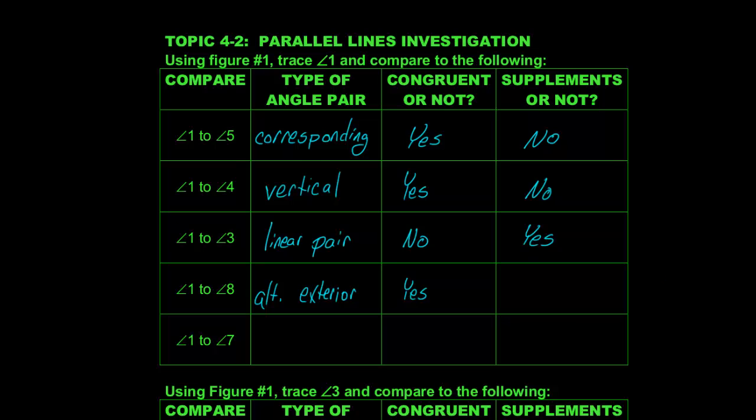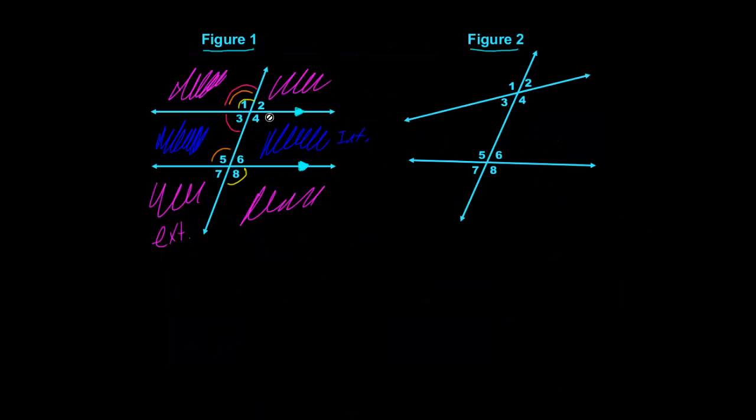Let me go ahead and pull up our one before. So knowing what we knew a while ago, we said that 1 and 4 are a vertical pair, meaning they are congruent. If you go back up, 1 and 4, vertical pair are congruent. Now, we can look at these, and since these two pair of lines are parallel, then we can say that 8 is also equal to 4.